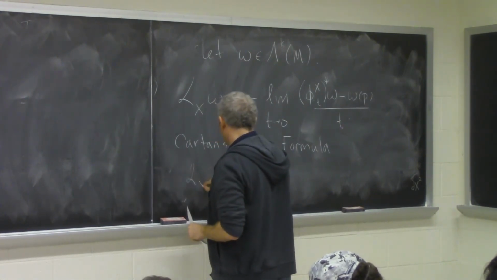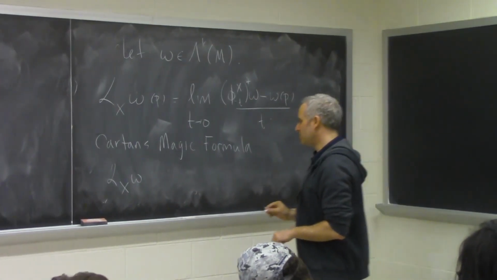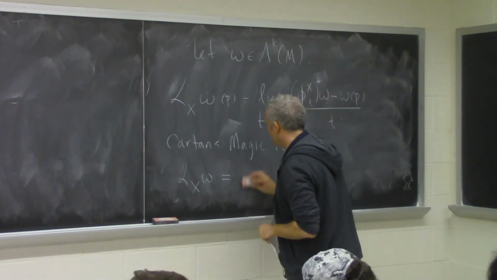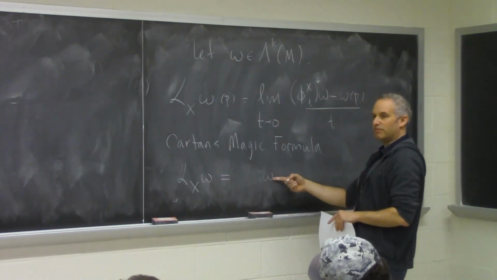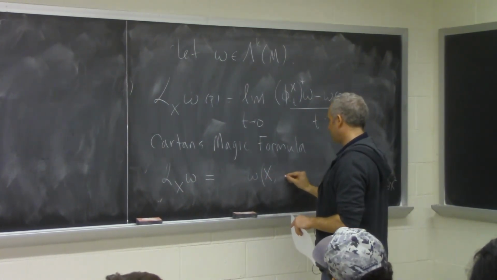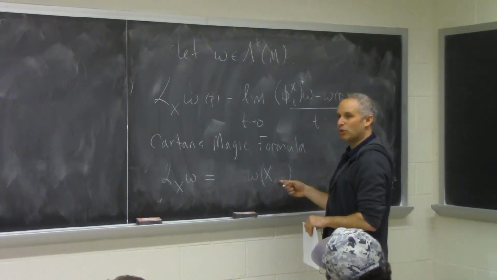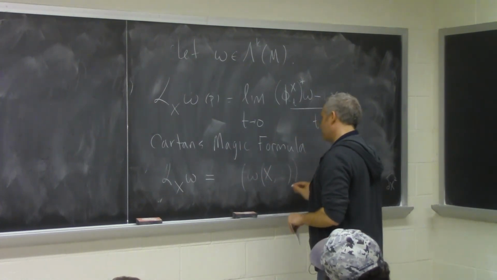So if you want to compute this K form, it's as simple as doing the following. You take omega, so omega is a K form. So you can put x in its first argument. Now what is that? That's a k minus 1 form, but you want a k form. So how do you get from k minus 1 forms to k forms?